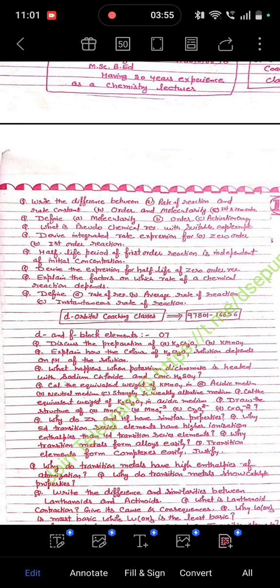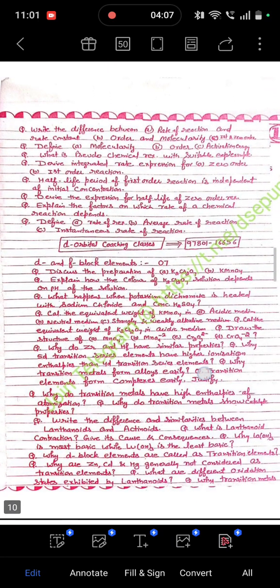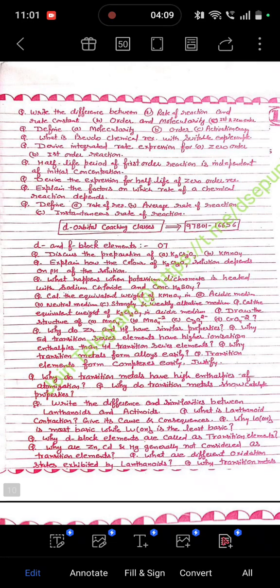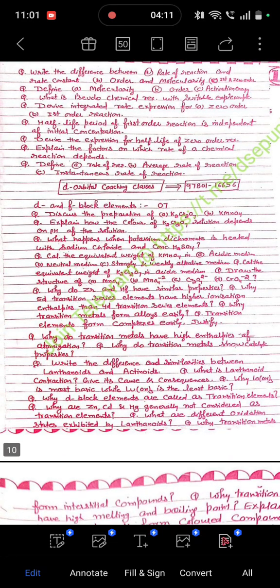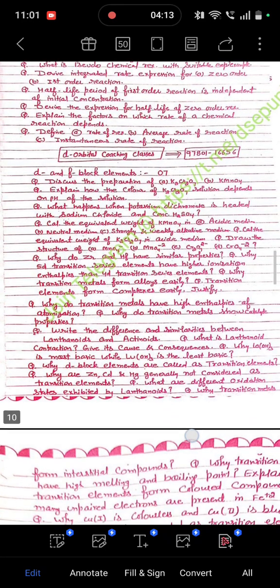The difference between order and molecularity is the most important, and pseudo chemical reactions is also an important part for theory questions, and the rate of a chemical reaction.